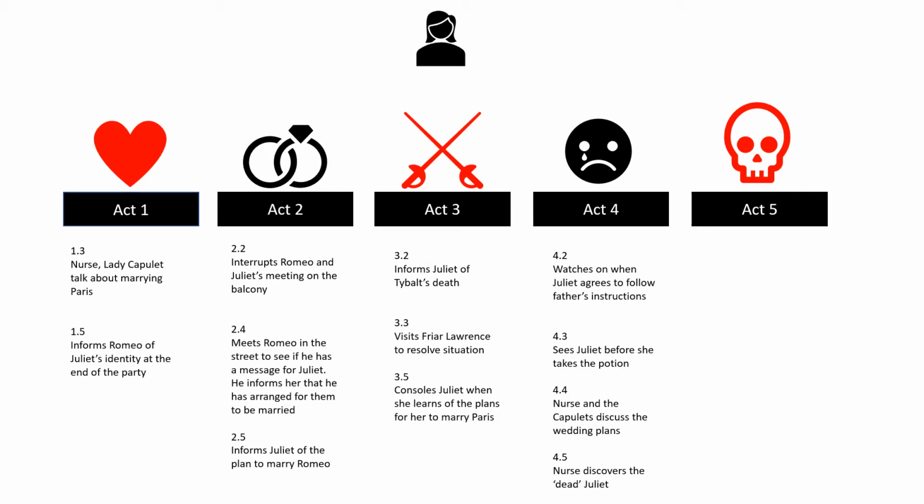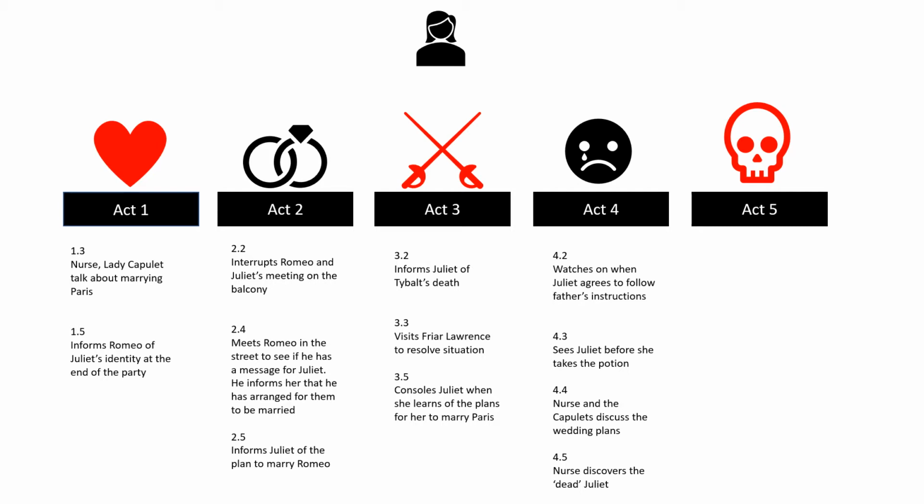And then in Act 4 we move on and we see her taking less of a position in the story, and we see her watching Juliet agree to her father's instructions to marry Paris. Then she sees Juliet before she takes the potion, and then afterwards she's the one that discovers Juliet is supposedly dead.